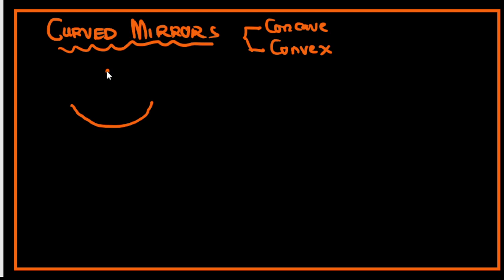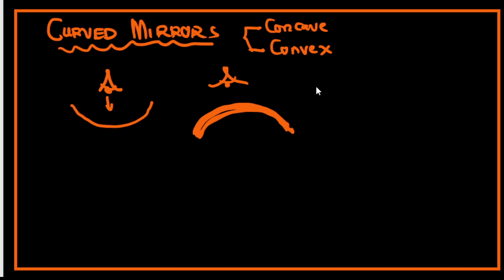So, curved mirrors can be concave or convex. When something is concave, from your line of view, it is depressed. If this is your eye and you're looking downward, what you are seeing is a depression, so it is concave. If this is your eye and you're looking at a surface like this, what you are seeing right away is convex.